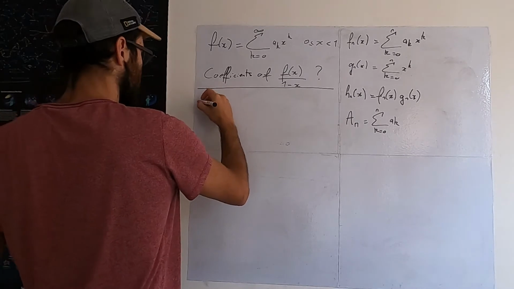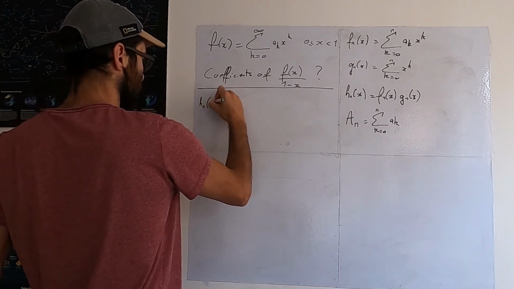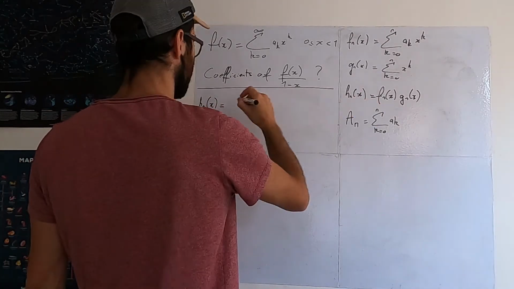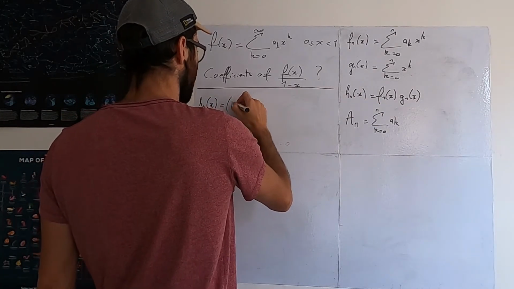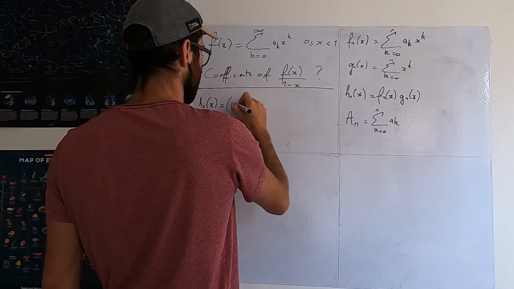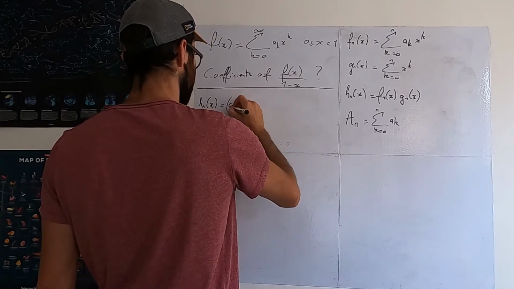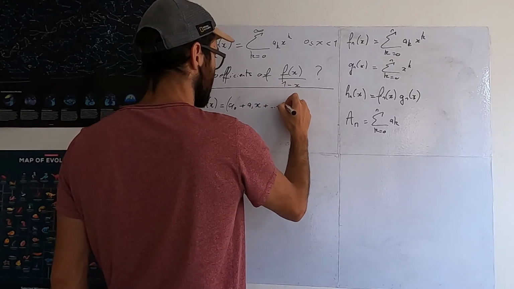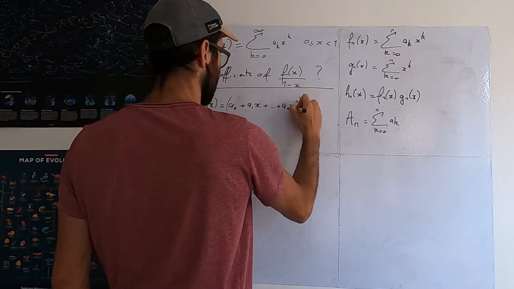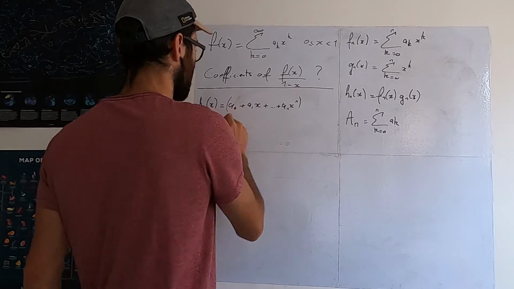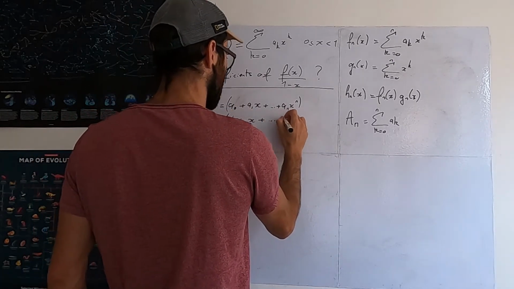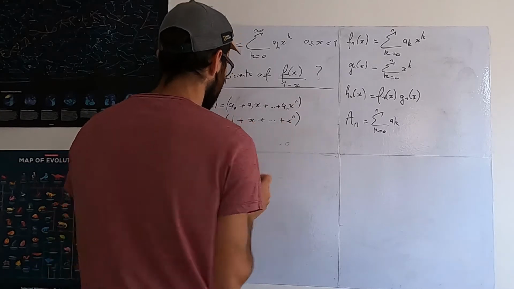We're going to write hn of x is equal to the partial sum, a0 plus a1x plus dot dot dot plus anxn times 1 plus x plus dot dot dot plus x power n.